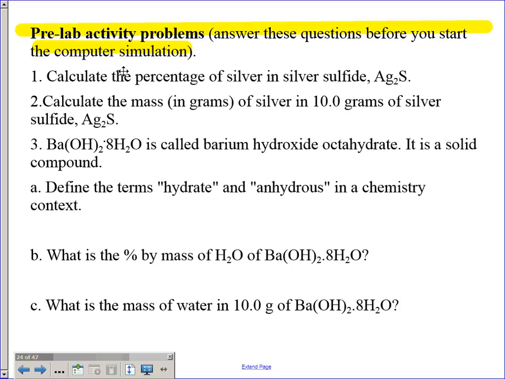Oh, right there. Yeah, I kind of created another one.